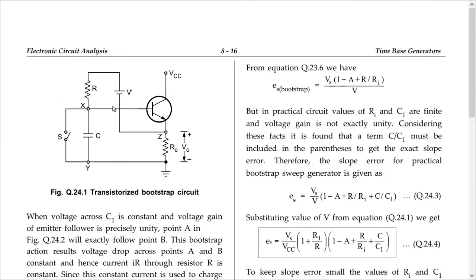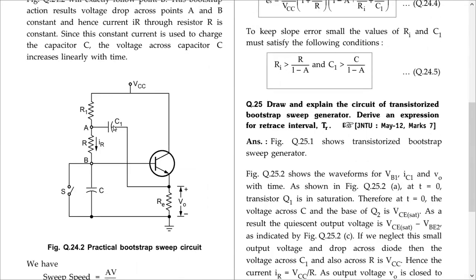V dash is virtually connected across the resistor. Now this capacitor is virtually connected across the resistor. Okay, so when the capacitor maintains a constant voltage across it, it will generate a constant current through the resistor, which is forced through this capacitor.